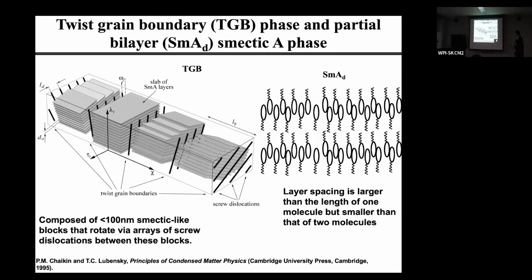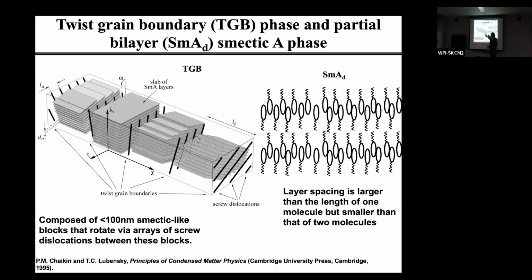So for example, again, as you have chirality and the tendency to form layers, what can happen is the formation of this twist grain boundary phase that you can see in here, where the blocks are smectic A-like, which means the molecules locally are perpendicular to layers. And then within each block that would have dimension of the order of 100 nanometers.